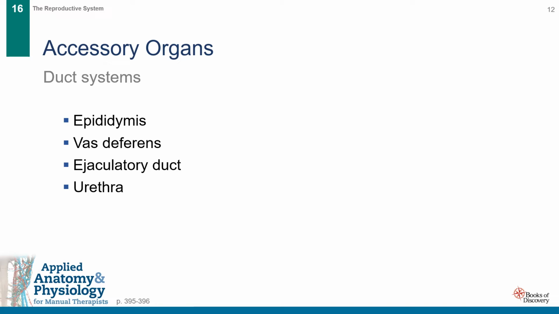Sperm mature in the epididymis, developing their motility and ability to fertilize a female egg. While this maturation process takes about 10 to 14 days, sperm can be stored in the epididymis for several months.